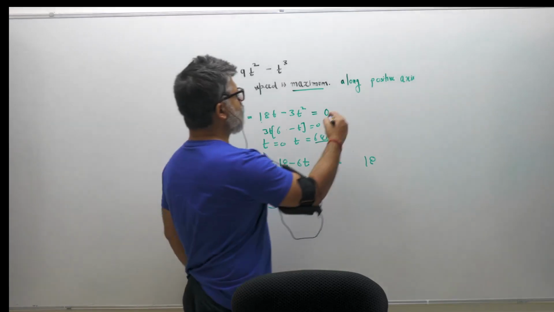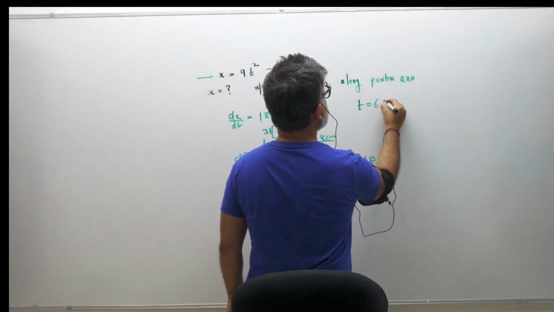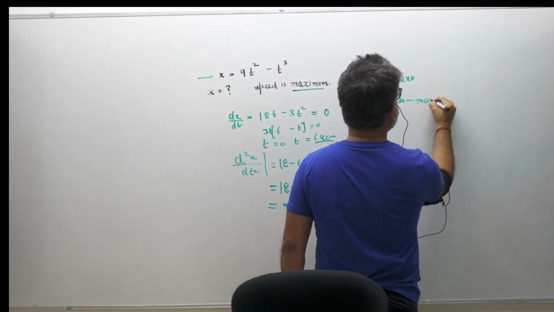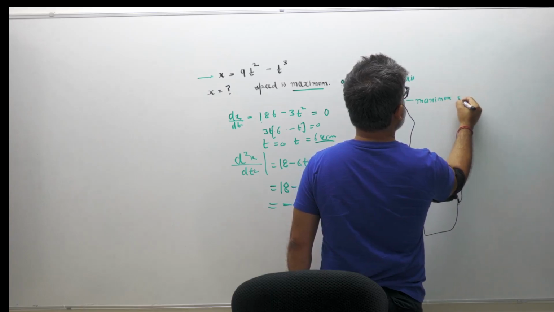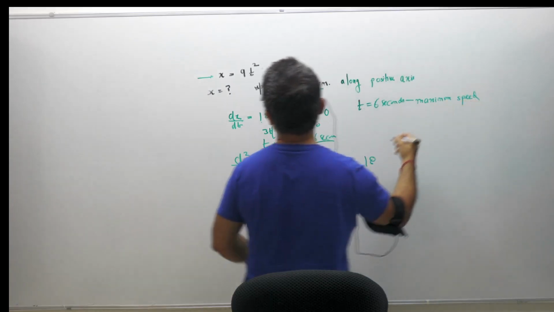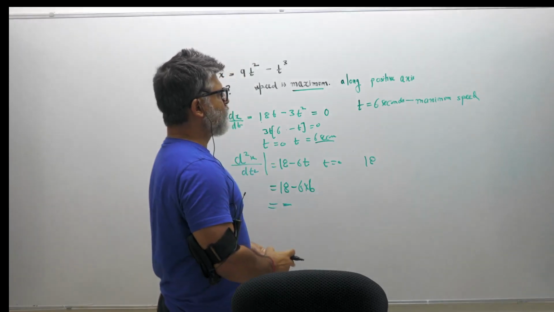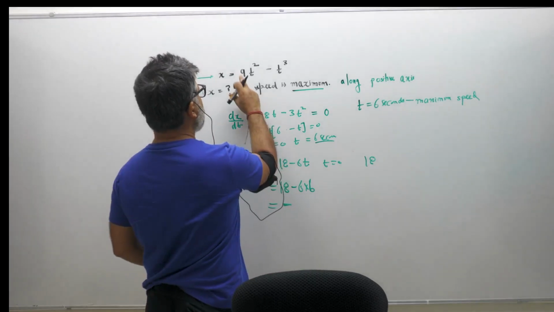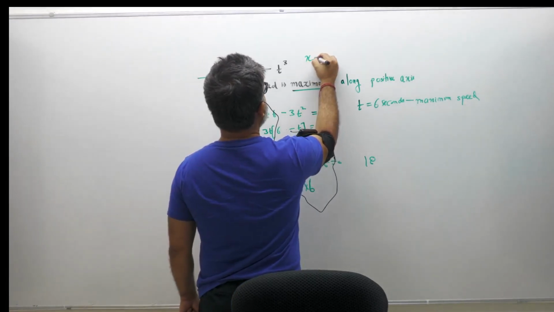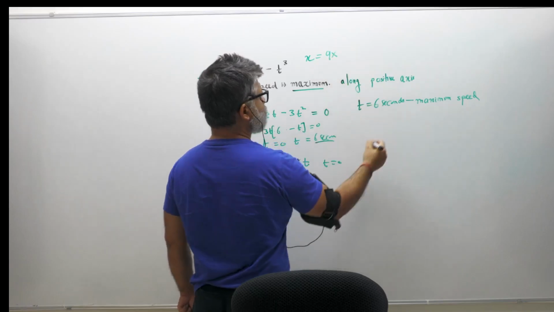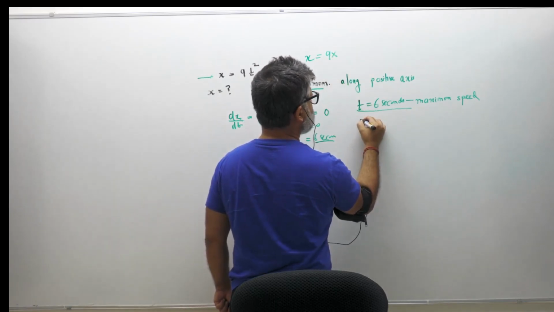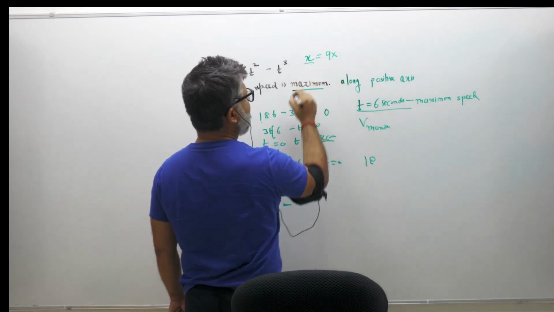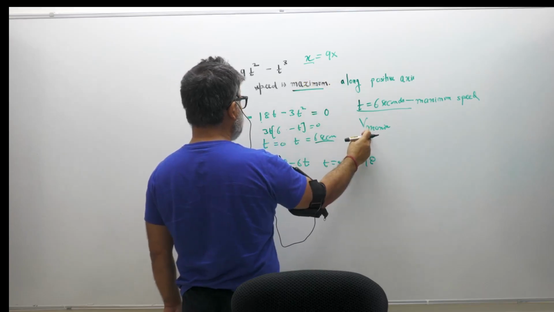So at t is equal to 6 seconds, you will get your maximum speed. Here you have to find the position of the body at t is equal to 6 seconds, right? So if you put the value here, t is equal to 6 corresponds to v maxima, and I'm finding the position when the velocity is maximum.